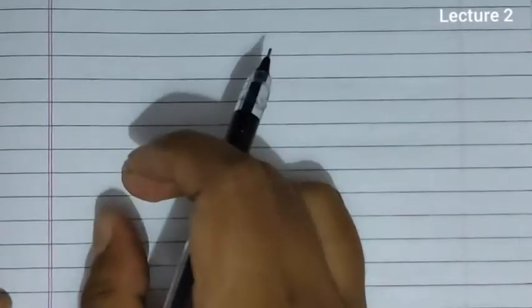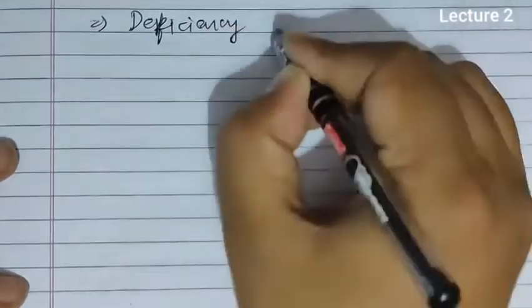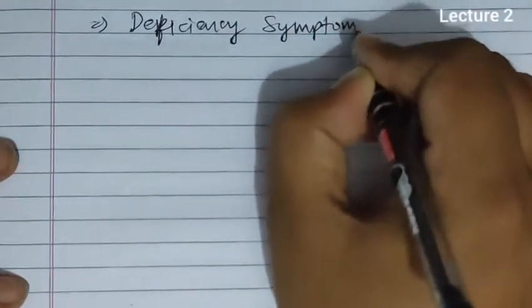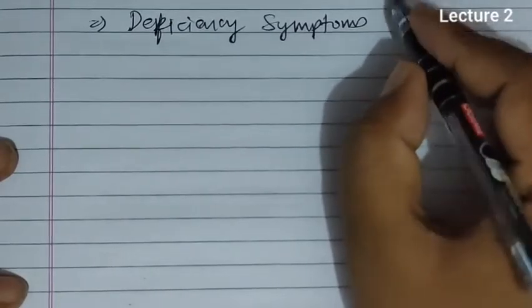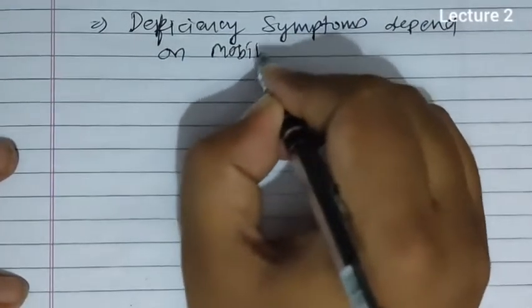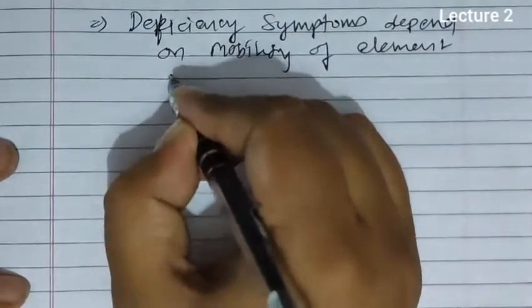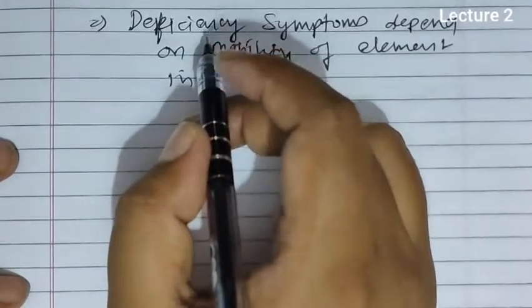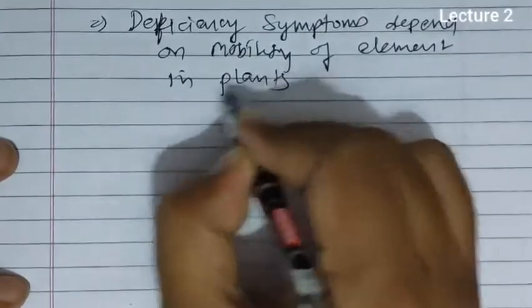So if we talk about this, then deficiency symptoms depend on mobility of the element in plants.